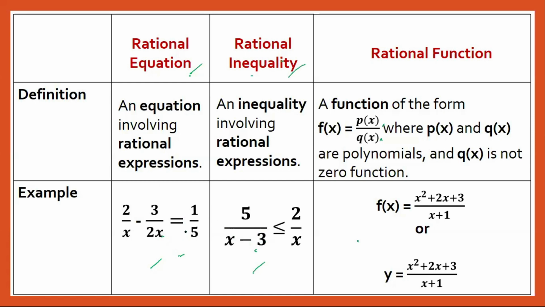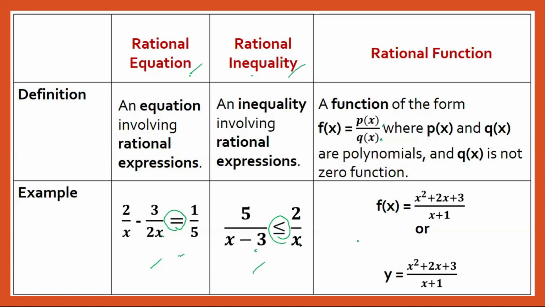And if you can notice, RE uses a symbol for equality, which is an equal sign, while RI uses symbols for inequality. What are those other symbols for inequality? We have greater than, less than, greater than or equal to, less than or equal to.